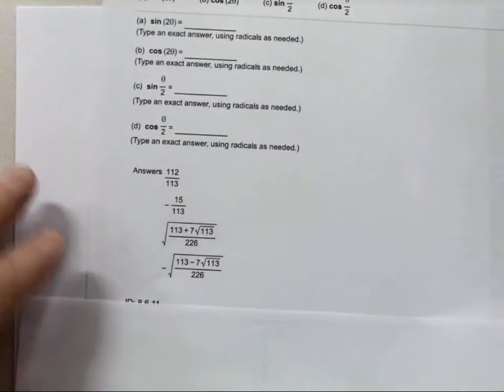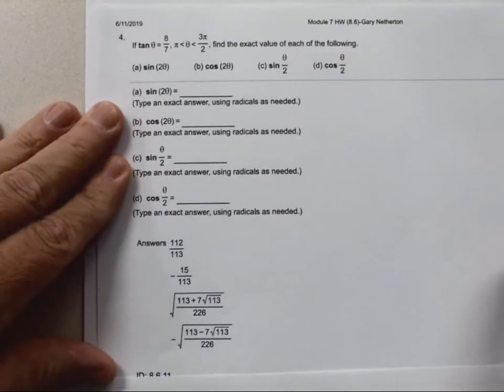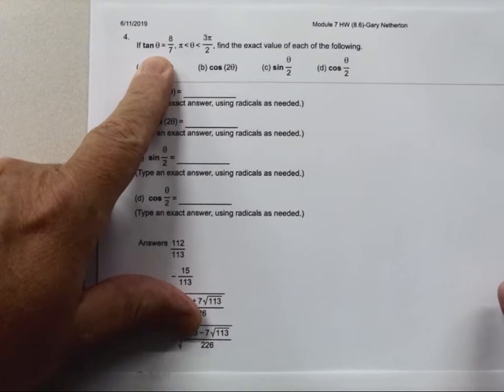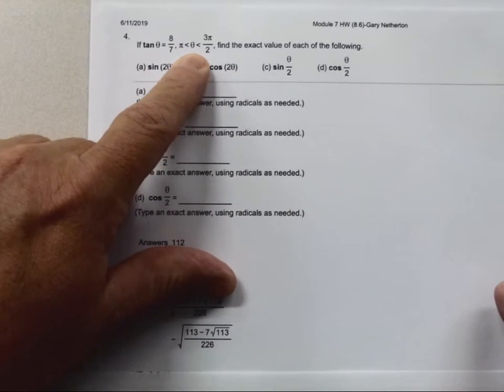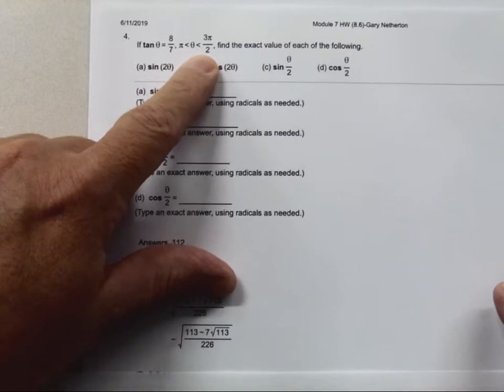So this one looks pretty similar to one we just did, but there's a couple twists to it, so let me just step through. I won't probably do all of these, but I'll just do all of the setup. Here, they give us a trig function, tangent of theta is 8/7. Once again, they tell us where theta is. In this case, it's between pi and 3 pi over 2.